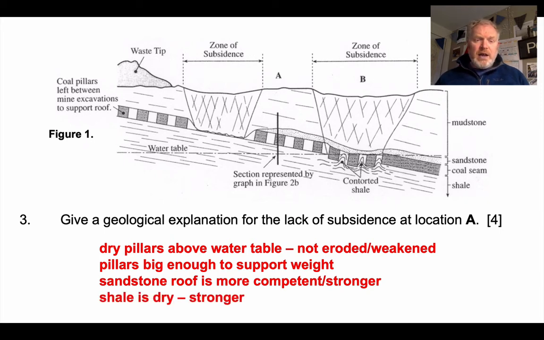And finally then, the shale in the floor of the mine there is above the water table. It makes it stronger. You could talk about the weight of overlying rock as well, but those are the 4 real key points that we're looking for.